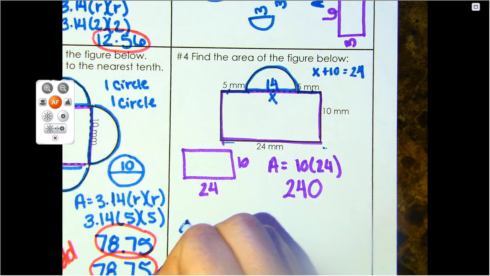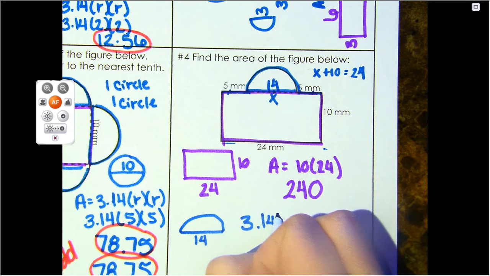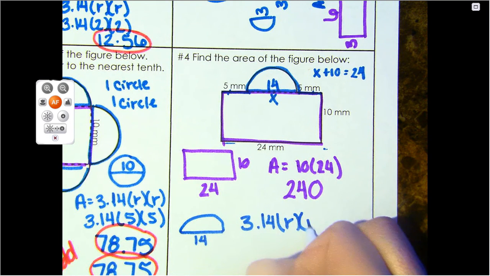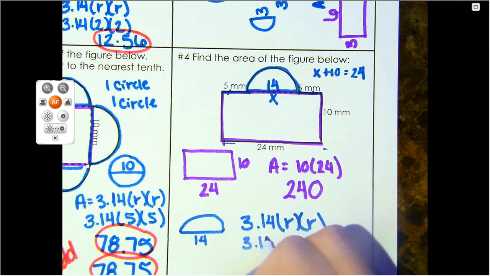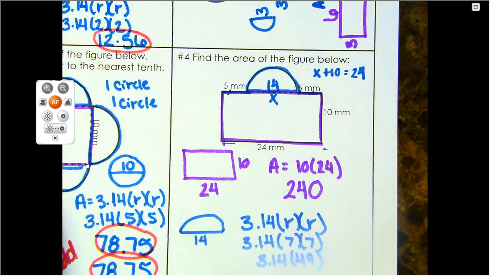Okay, and then I'm not going to forget that my area formula calls for the radius and not the diameter, so I need to use half of 14. So I'm going to do 7 times 7, which is 49. So 153.86.